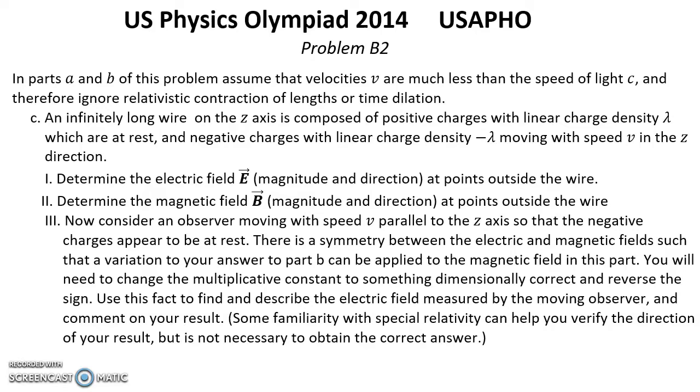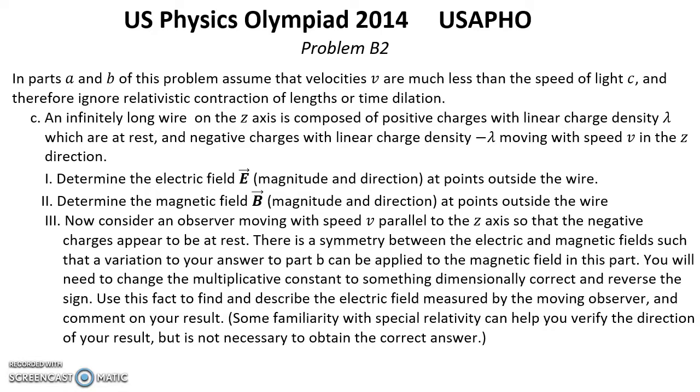Question 3. Now consider an observer moving with the speed v parallel to the z-axis, so that the negative charges appear to be at rest. There is a symmetry between the electric and magnetic fields, such that the variation to your answer to part B can be applied to the magnetic field in this part.